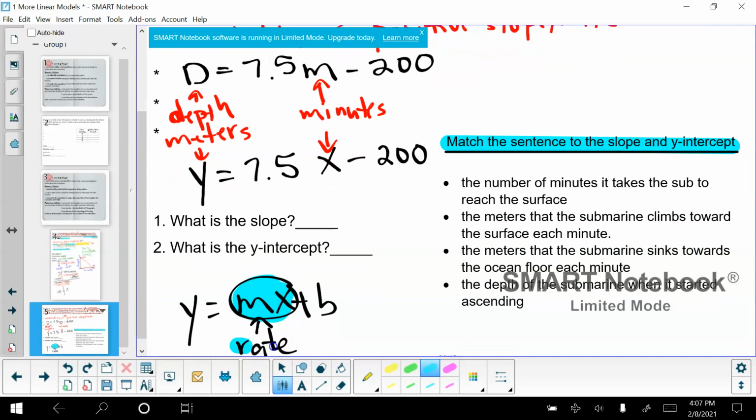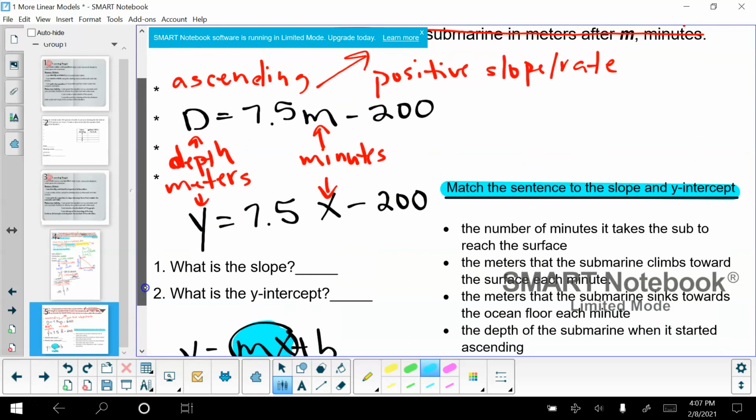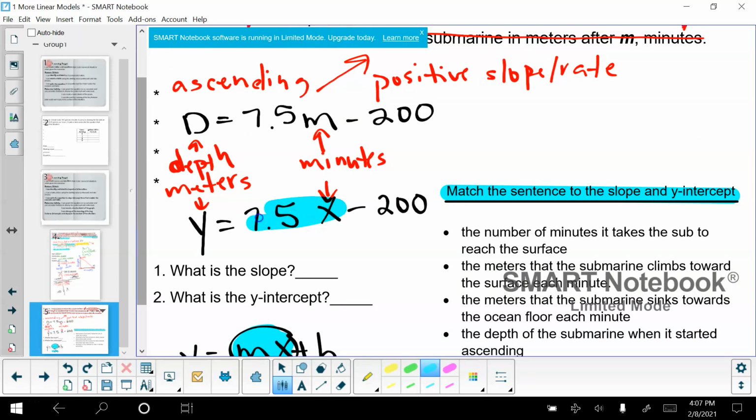Okay, so the rate is the one that's got the number and the letter. That would be right here, 7.5x. That's the same thing as right here, 7.5m. So I know my slope is 7.5. And that's a positive slope, so it's going up, which means it's ascending. So I'm going to write myself just some little notes.